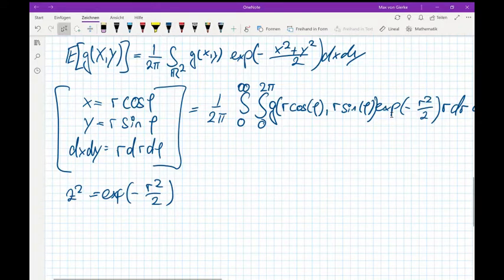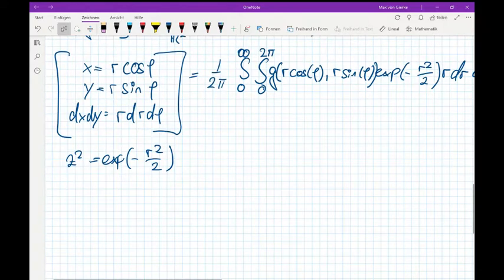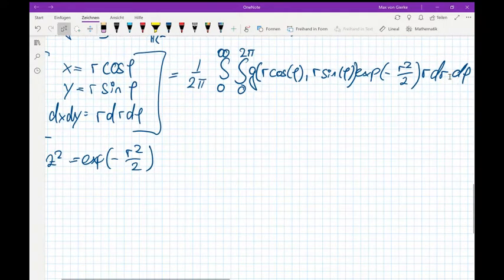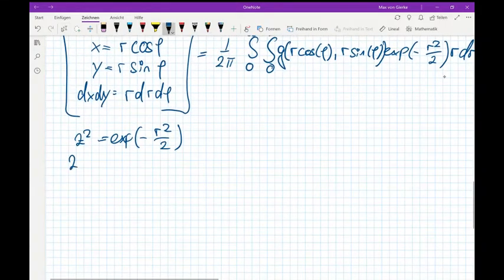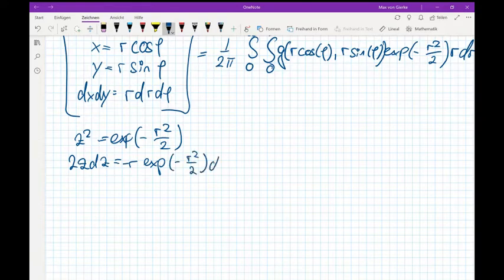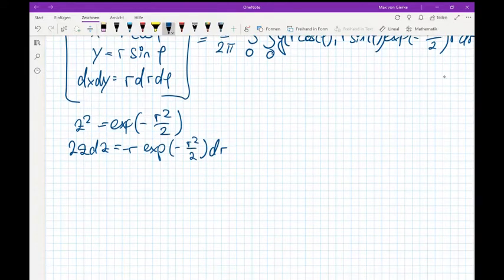What changes here in the integral is just 2 z dz is minus r times the exponential of minus r squared over 2 dr, and we also know from the first line, if we look at what r is, r is the square root of minus 2 log z squared.